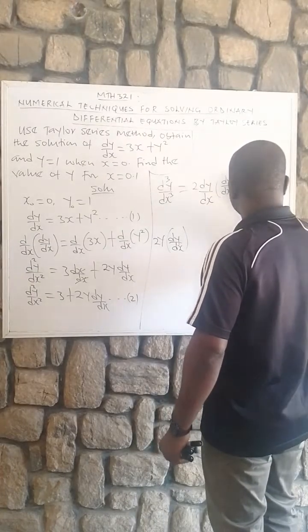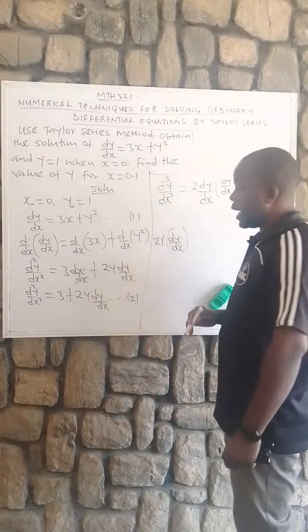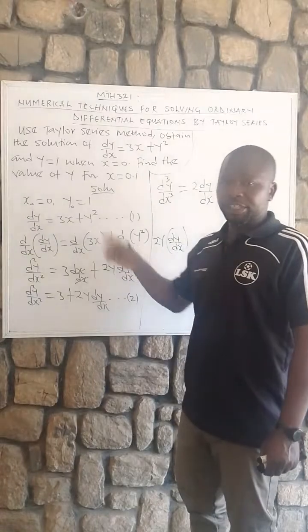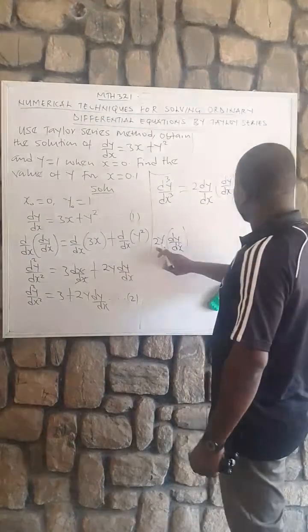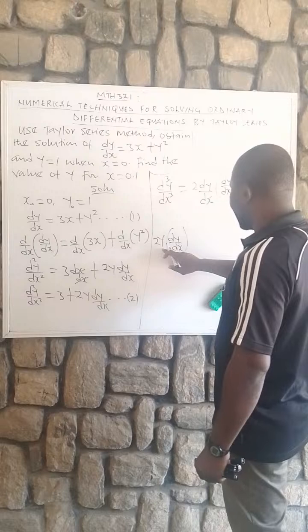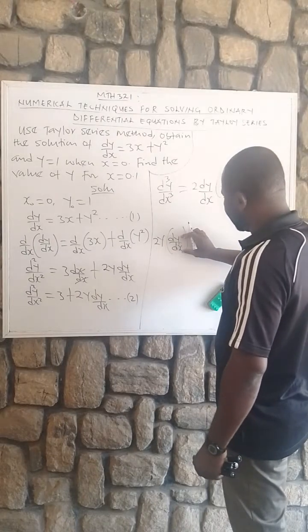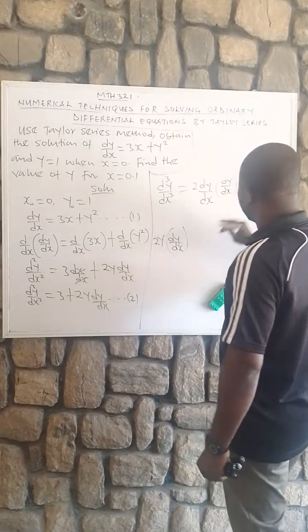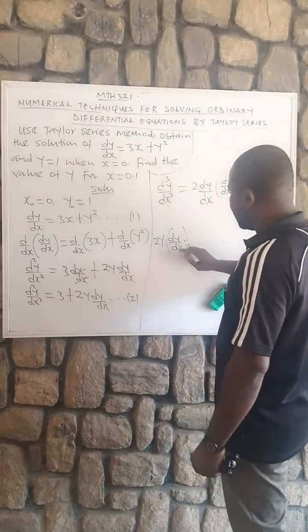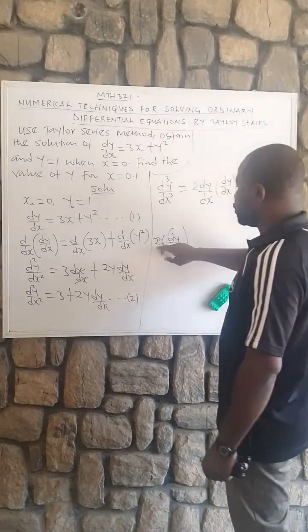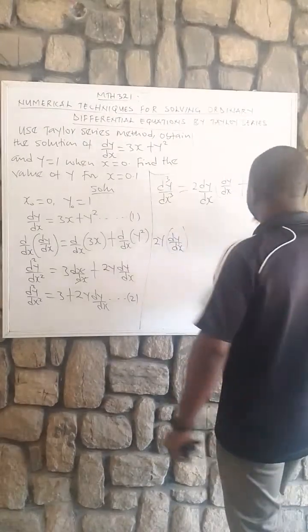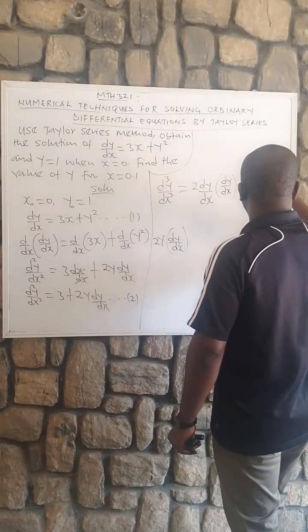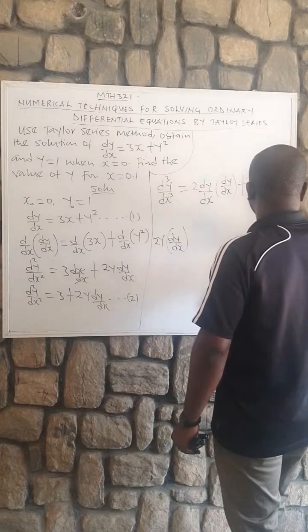Then plus, since it's product rule we are applying, we use product rule for the implicit function, true or false. Plus, we are going to hold 2y, then differentiate this. Is that clear? If we differentiate this, we are going to have d squared y over dx squared. Then use it to multiply the constant 2y. So we'll be having 2y d squared y over dx squared.